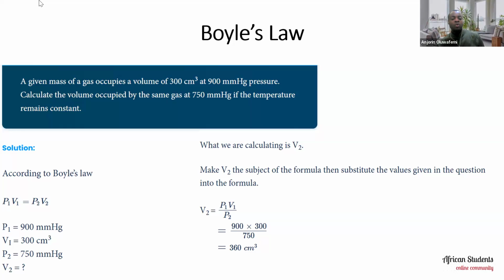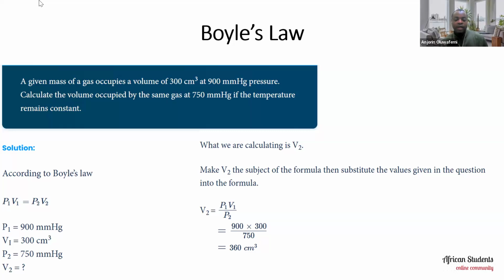So what we'll do is that we'll make V2 the subject of the formula in the Boyle's law equation, so to speak. When we make V2 the subject of the formula, it is now P1 V1 over P2.